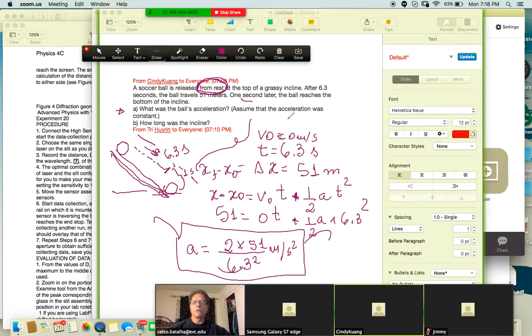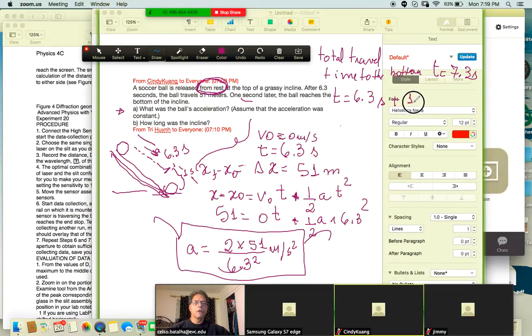So the total travel time to the bottom of the incline is equal to 6.3 seconds plus 1.0 second, so 7.3 seconds.